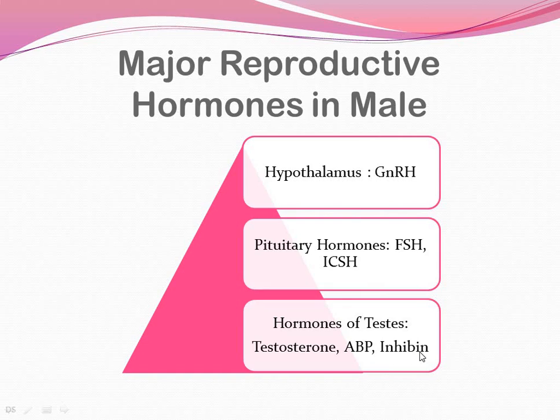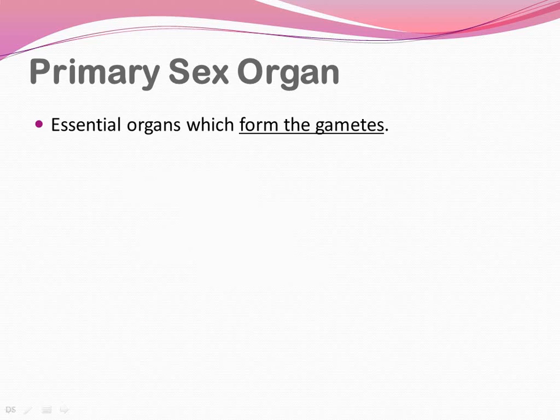We will discuss the function of each of these in detail, but this is just an overview of what we are going to discuss today. This is how the control is achieved for the release of these hormones from the testis, which is a primary sex organ in the male. The question arises in your mind, what is a primary sex organ?